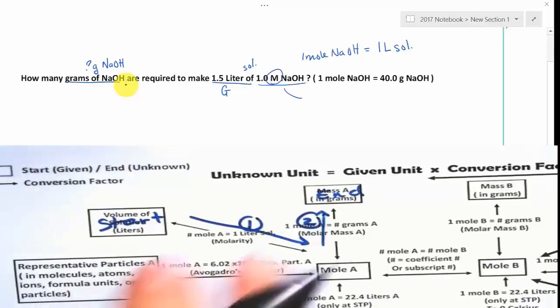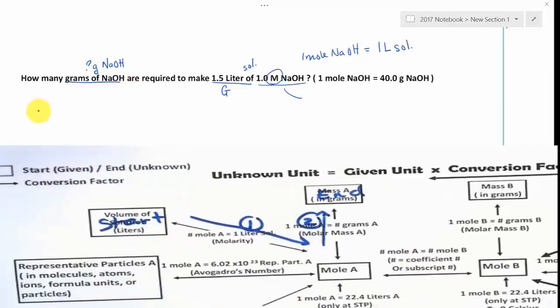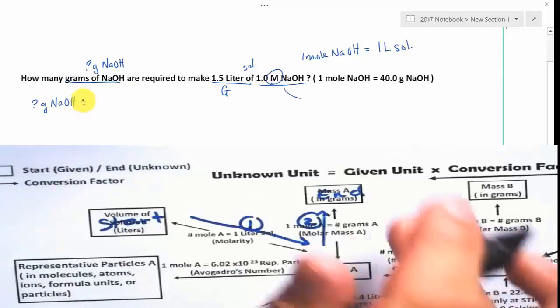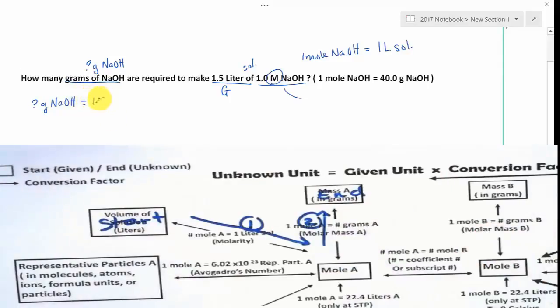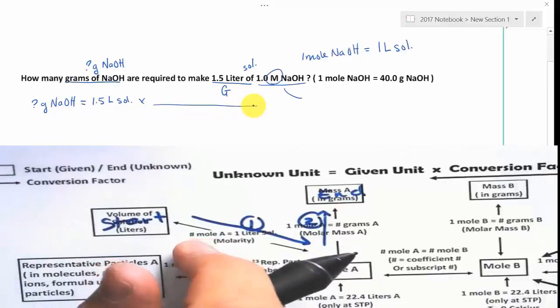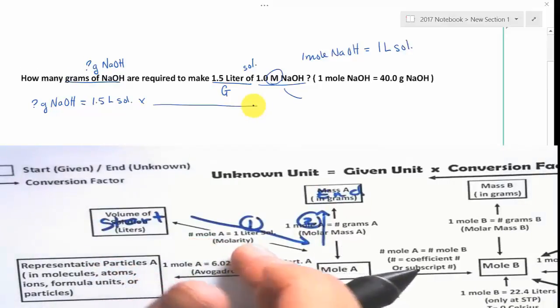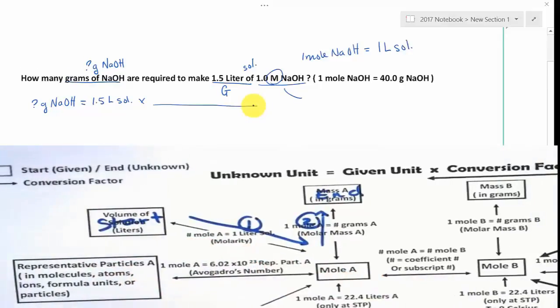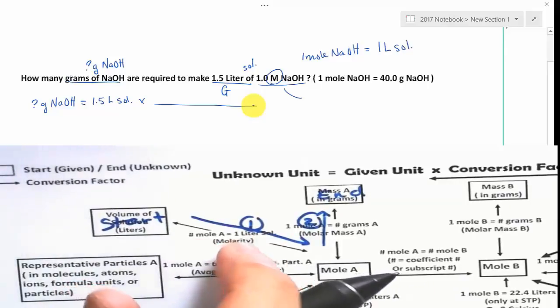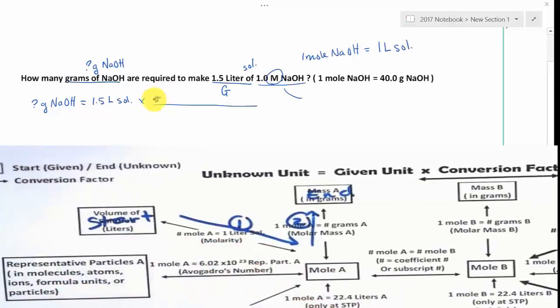So let's write this in terms of that format right there. So what are we looking for? Question mark gram of NaOH equal to the given, which in this case is 1.5 liter of solution, times the first conversion factor, which is the number of mole A equal to 1 liter of solution.